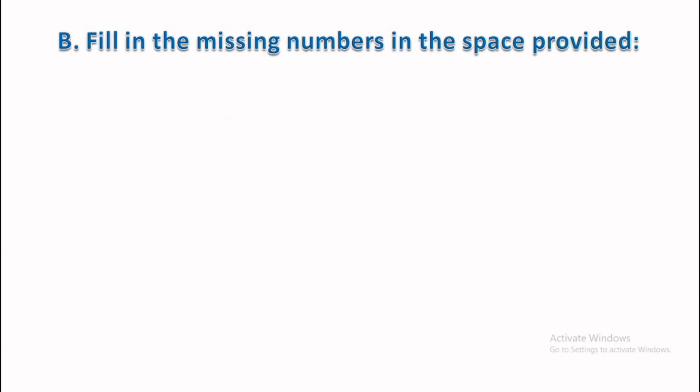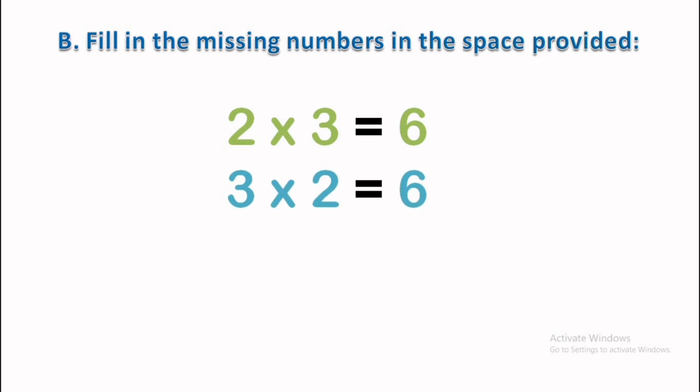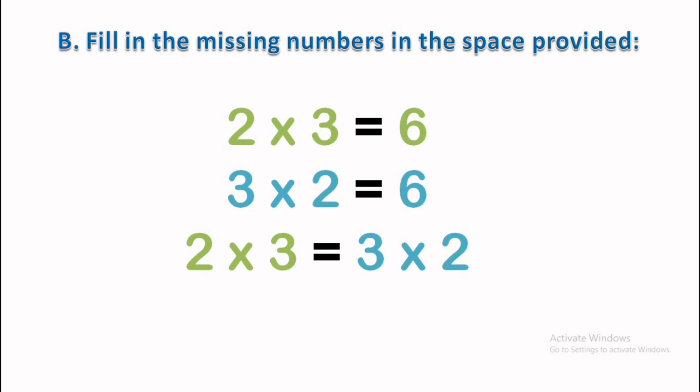We have learned the tables and we know 2 into 3 equals 6 and 3 into 2, that is 3 twos, is also 6. So we can say 2 into 3 is equal to 3 into 2.